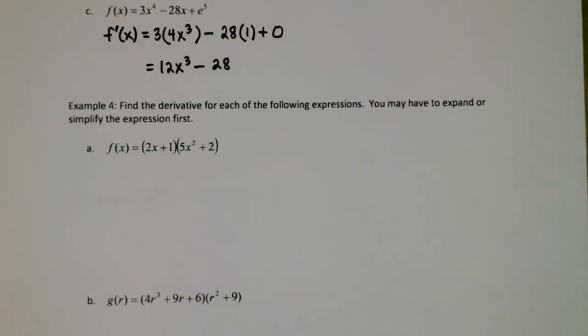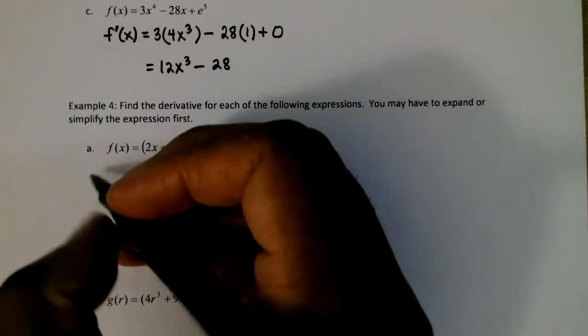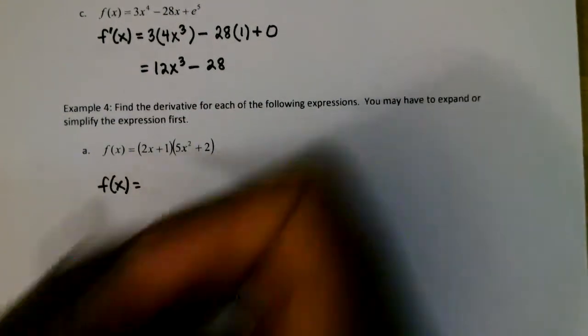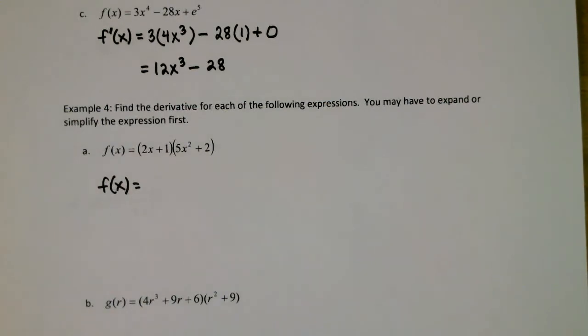You may have to expand or simplify the expression first. Like f of x is equal to 2x plus 1 times 5x squared plus 2. Okay, so let's simplify this by multiplying this out, and then we can take the derivative of f of x.